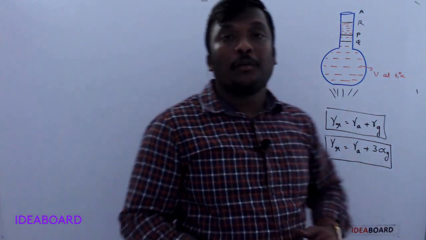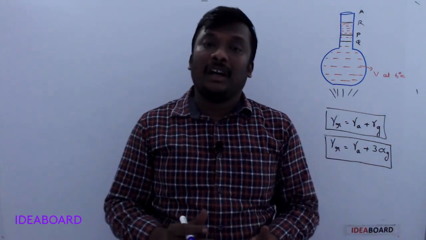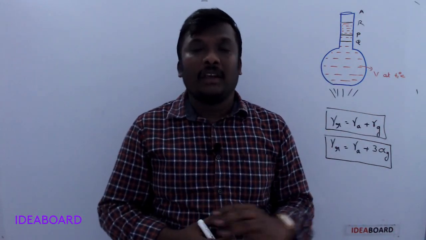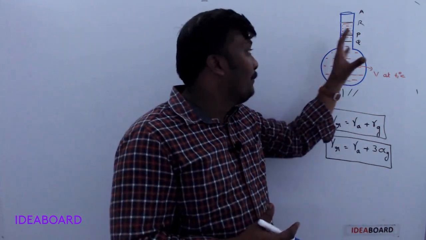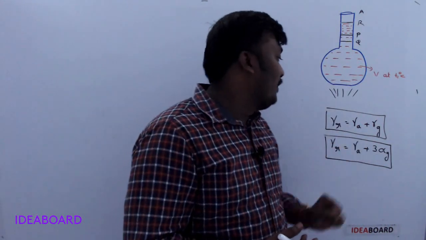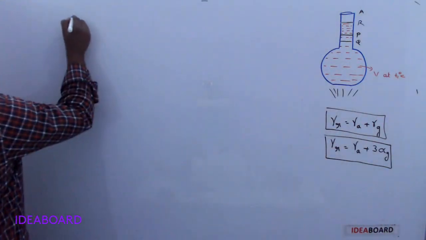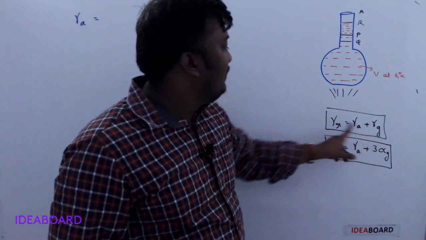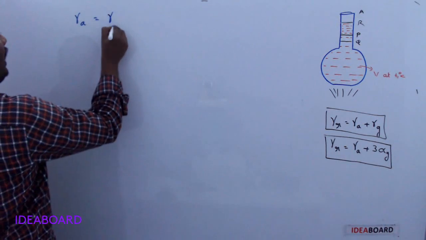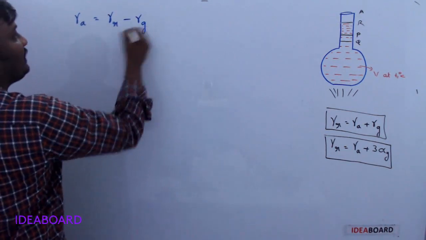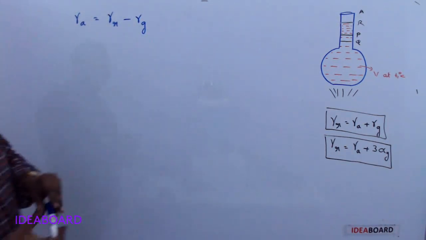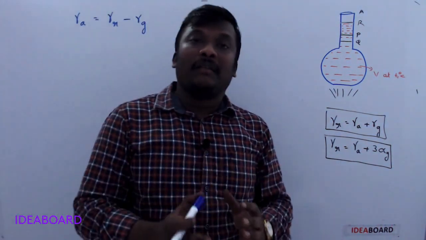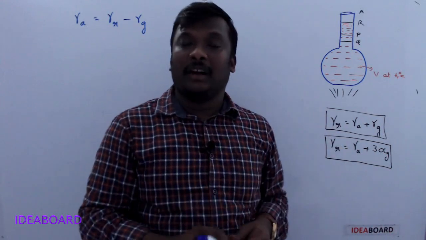Sometimes the question asks what happens to the level of liquid, whether it rises or falls. For that we always observe the formula for gamma A. Taking gamma G to the other side, gamma A is gamma R minus gamma G. So depending on the values of gamma R and gamma G, we can say whether the level of liquid rises or falls.